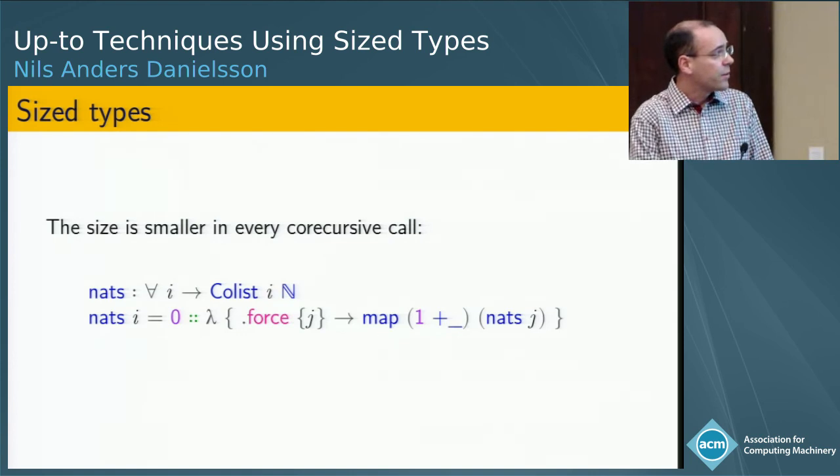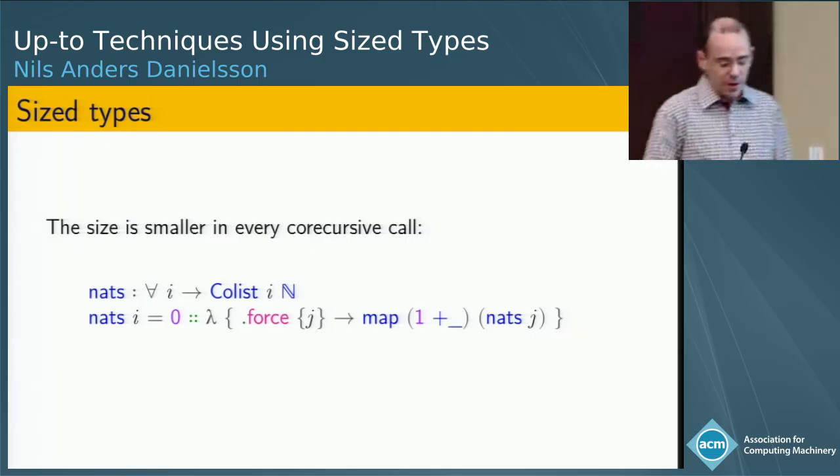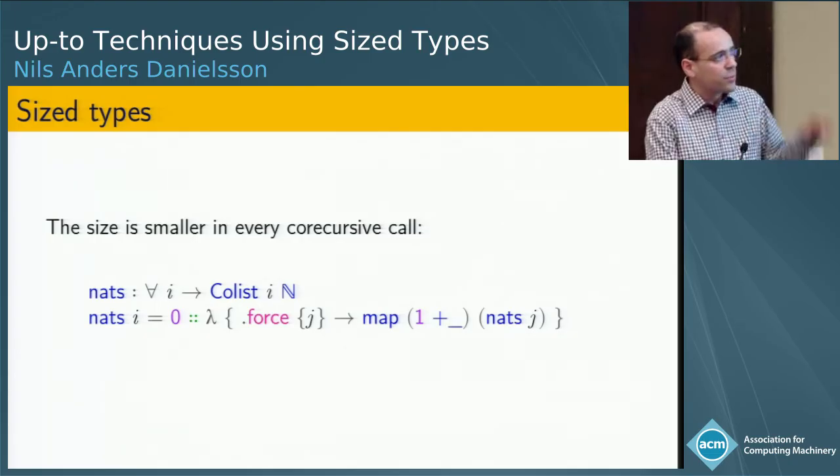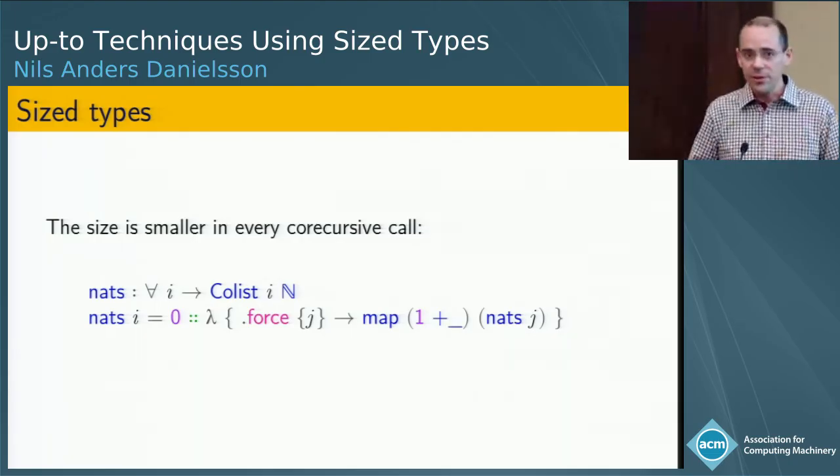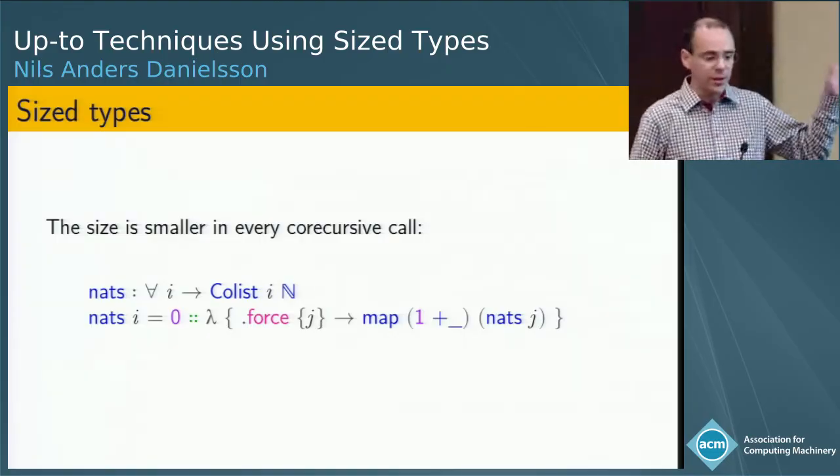So we do 0 cons, and then here we should define a suspended co-list of size I, and when this is forced, we get the size j, which is smaller than I. And here now we should define a co-list of size j, and because map is size preserving, that means that here we should define a co-list of size j, and that's what we're doing with this co-recursive call. So the types make sense, and furthermore, because this co-recursive call is at a smaller size, Agda accepts this definition. Well, this plus some technical condition that I don't want to go into.